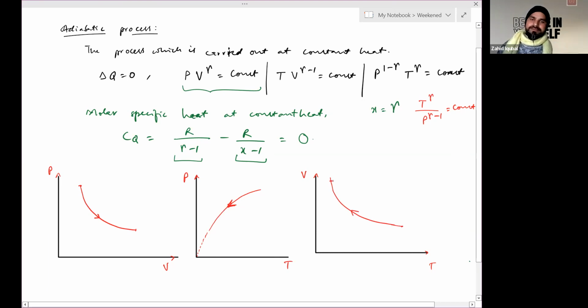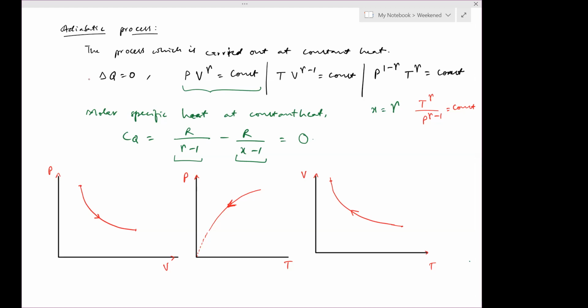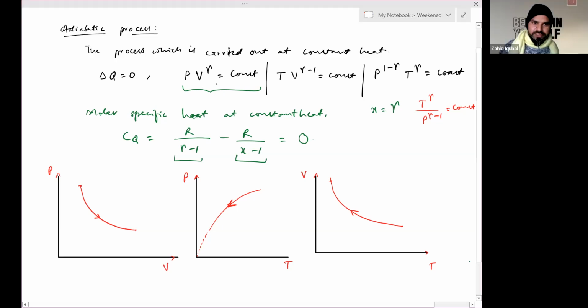Saifullah, is it clear? How do I redraw the different curves related to the above expression? Please explain it again. Okay. Using this first expression, you will say pressure is inversely proportional to volume to the power gamma.